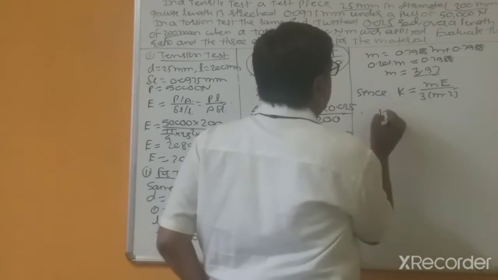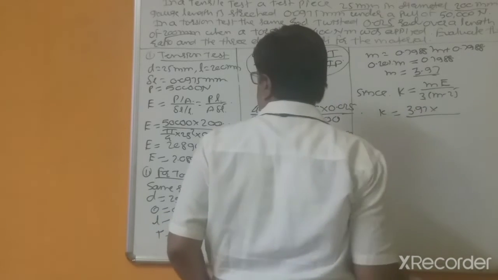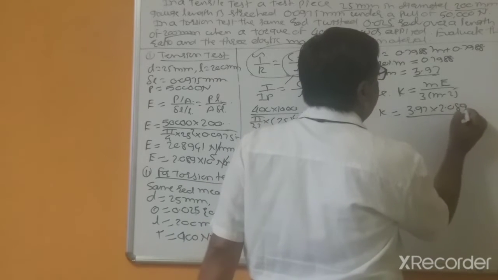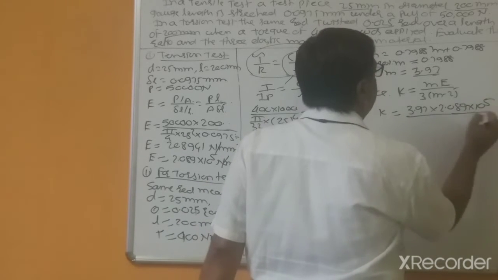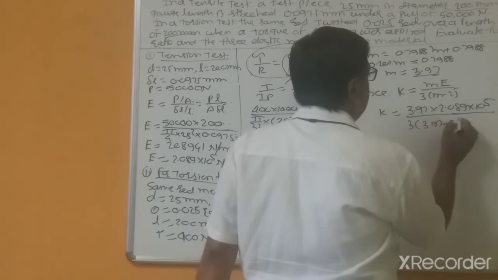Since K equal to, now put 3.97, E equal to 2.089 times 10 to the power 5, divided by 3 times (3.97 minus 2).